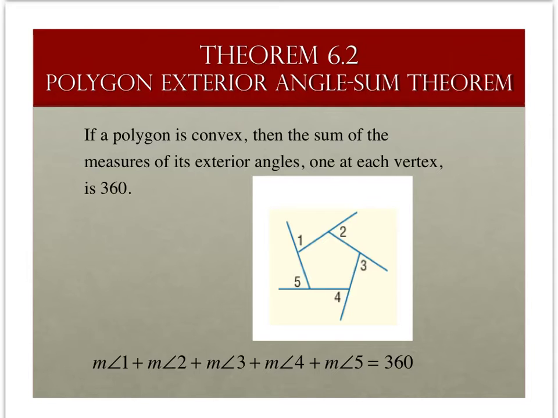If I wanted to know each one of those, I could do it two ways. I've already decided that the interior angles of a convex regular pentagon are 108, so I could do 180 minus 108, or I could do 360 divided by 5, and that would give me 72. So each exterior angle of a convex regular pentagon is 72 degrees. My apologies.